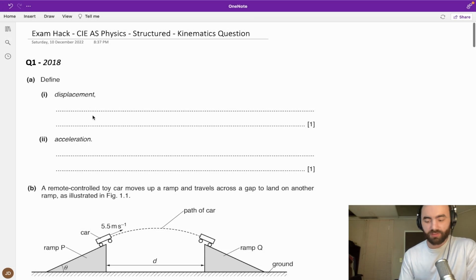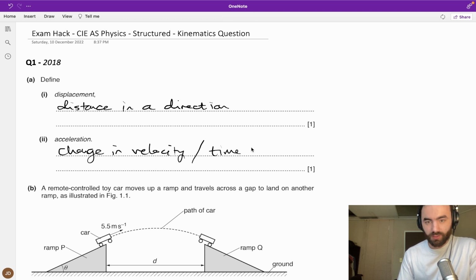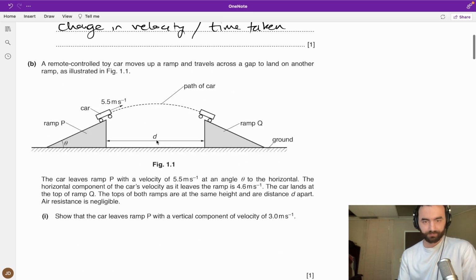Define the following. Displacement: as I said before, displacement is just distance in a direction. And acceleration, from our definition, is just the change in velocity divided by the time taken to change that velocity.